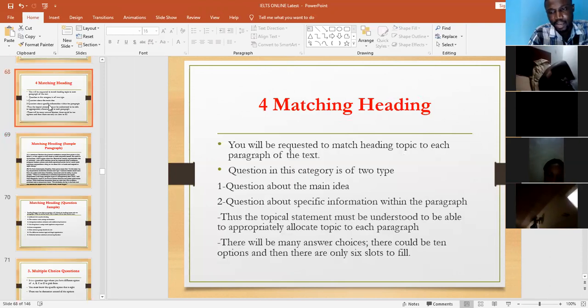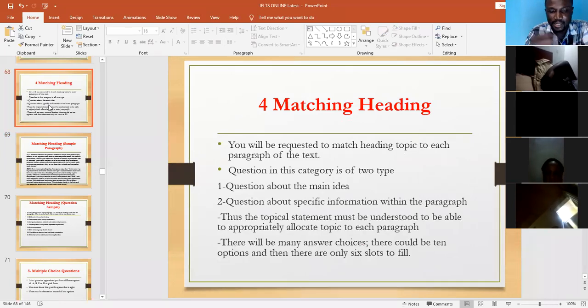So I will treat them briefly, because I'm still going to hold a session on true, false, not given. So this is the matching task, or matching heading question. In this question type, the question is always targeted at 2 things.